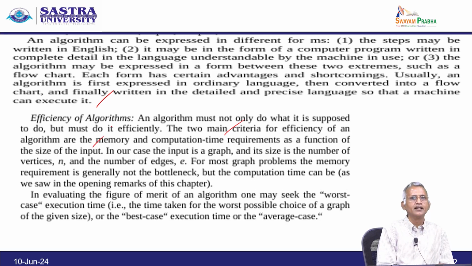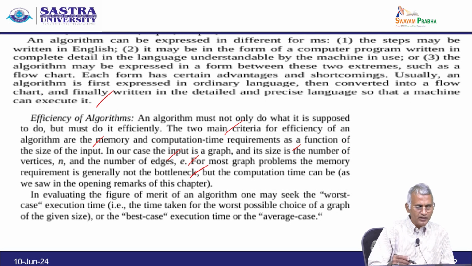In our case, the input is a graph and its size is the number of vertices n and the number of edges e. For most graph problems, the memory requirement is generally not a bottleneck, but the computation time can be. So, we saw the opening remarks of this chapter based on the computation time.